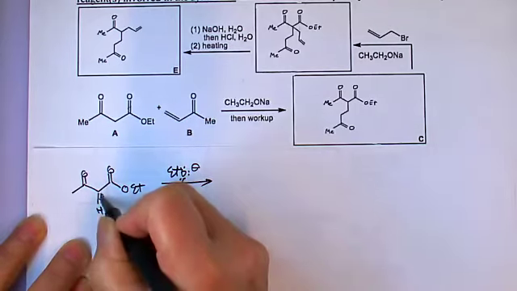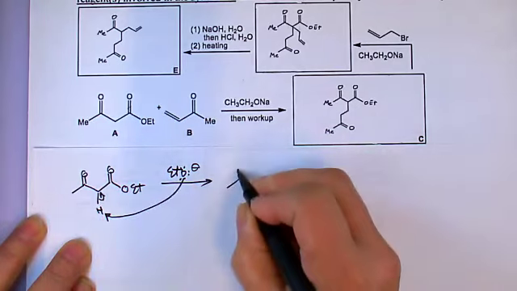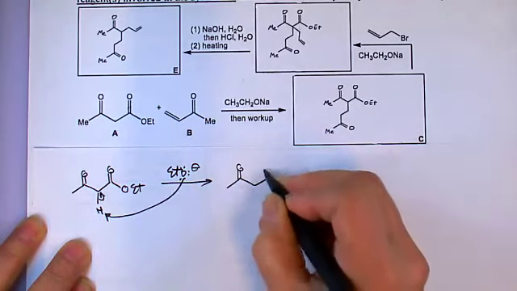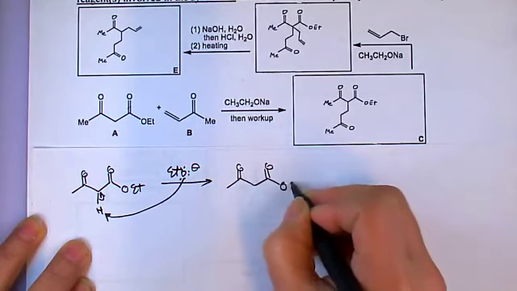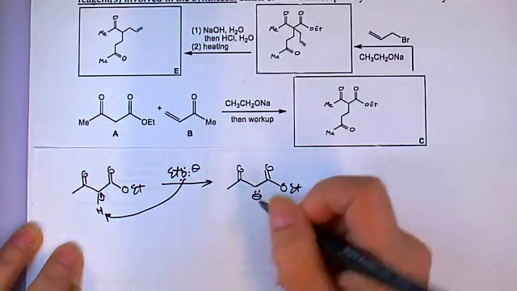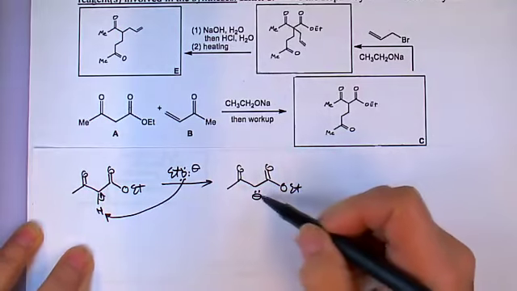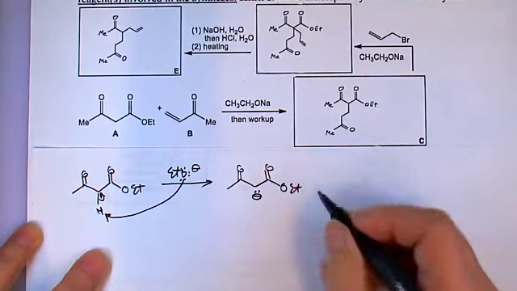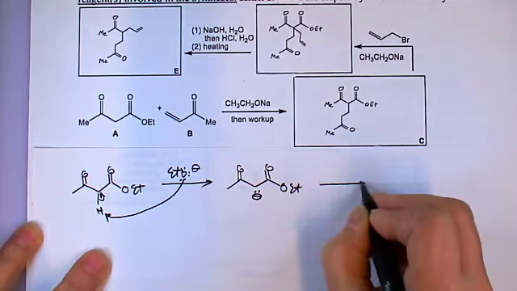There are two. So now you're going to form this anion. This is a Michael donor. Stabilized enolates are excellent Michael donors. So this is what happened in this step.